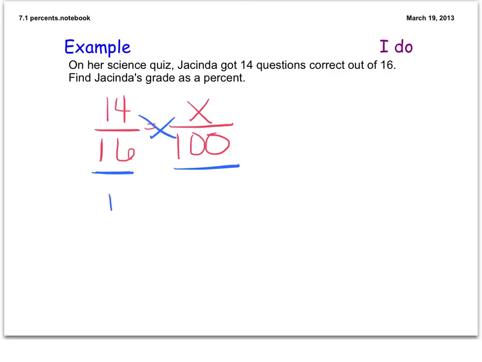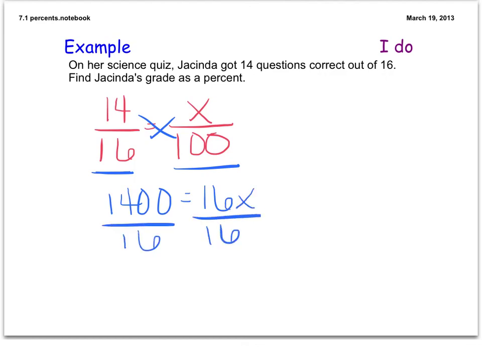So I get 1400 equals 16x, divide by 16 on both sides, and 1400 divided by 16 is 87.5 equals x. And now we said that this was x right here.